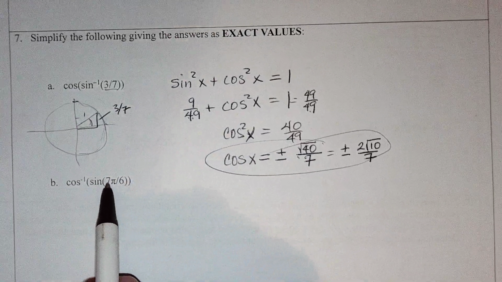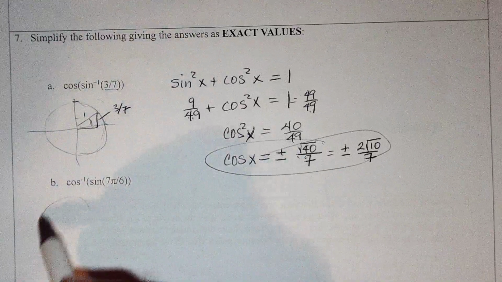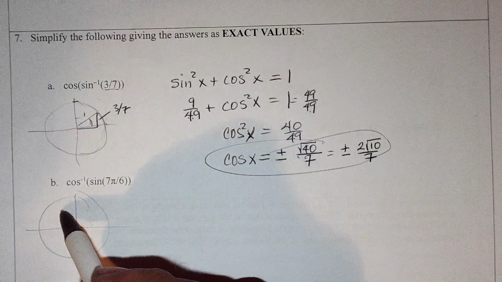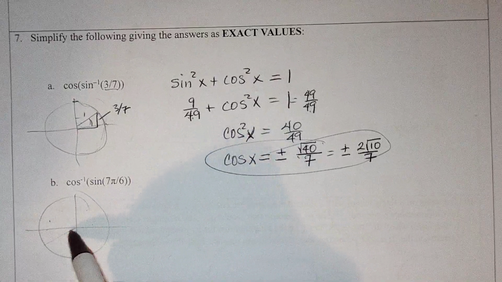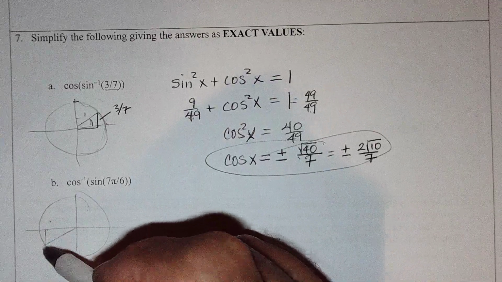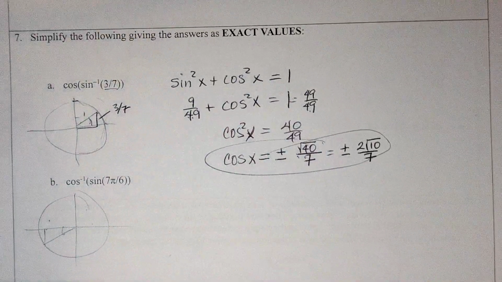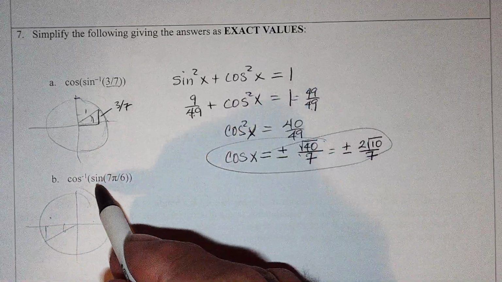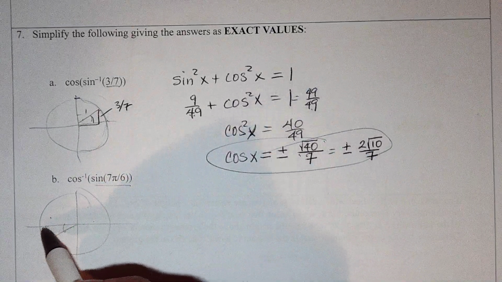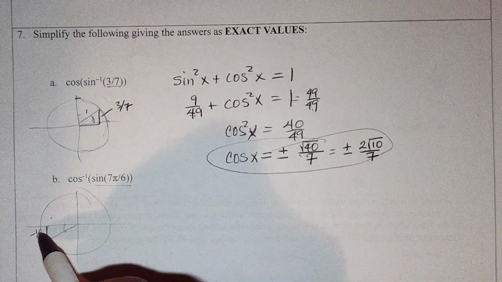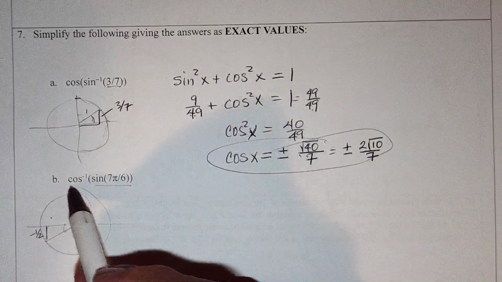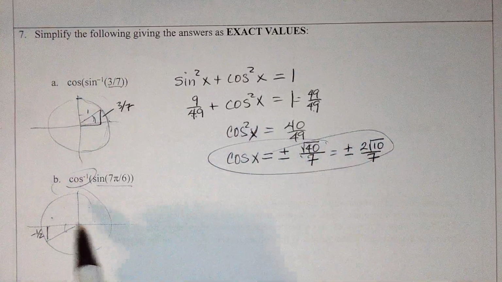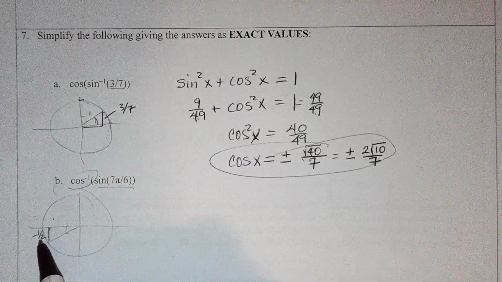Now we have sine of 7 pi over 6. So 1, 2, 3, 4, 5, 6, 7 over 6 is there. 30 degrees or pi over 6 down below 180 or pi. And the sign there is -1/2. Now this says find the cosine inverse of -1/2.